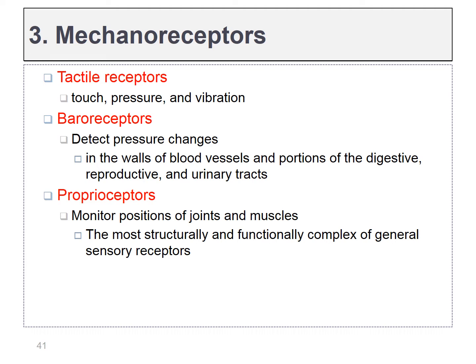Changes in blood pressure in the aorta and carotid bodies were sent to the brain, and that could alter activity of the sympathetic and parasympathetic neurons back to the heart. There are other types of pressure that we might be interested in, such as the pressure in the lungs or the bladder. And proprioceptors are also mechanoreceptors.